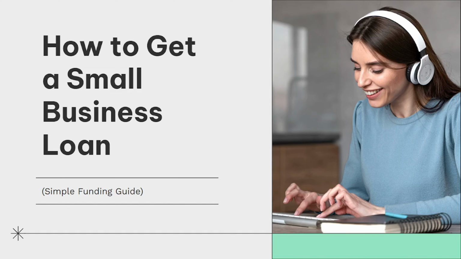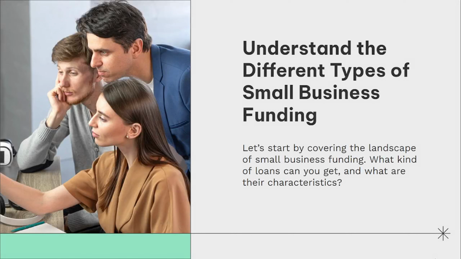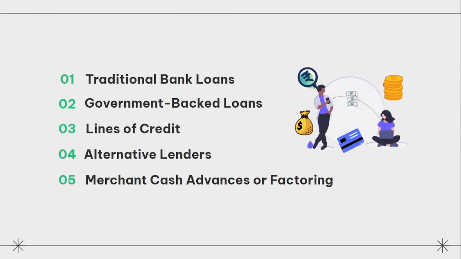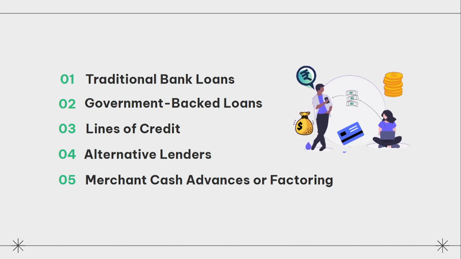Now let's tackle understanding the types of small business funding. There are various sources of small business funding including traditional bank loans, government-backed loans, lines of credit, alternative lenders, and merchant cash advance or factoring.